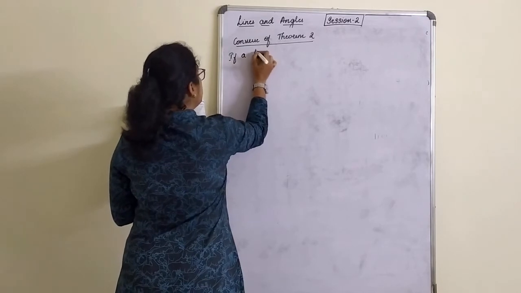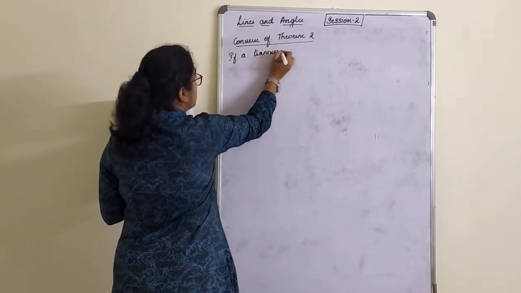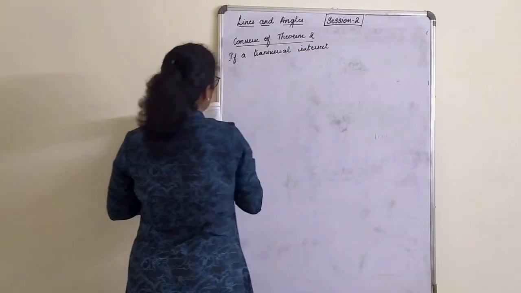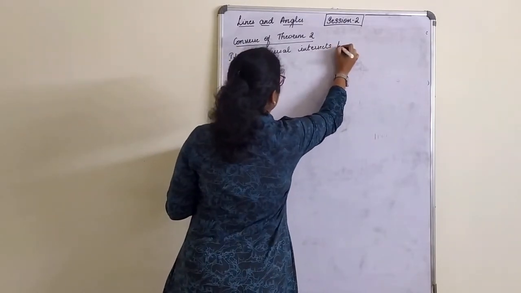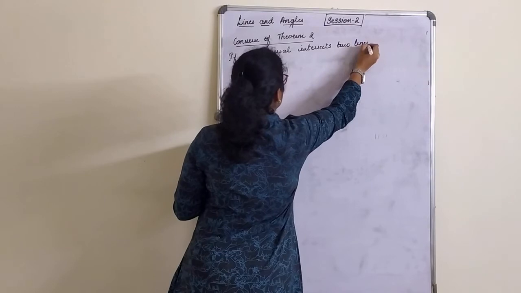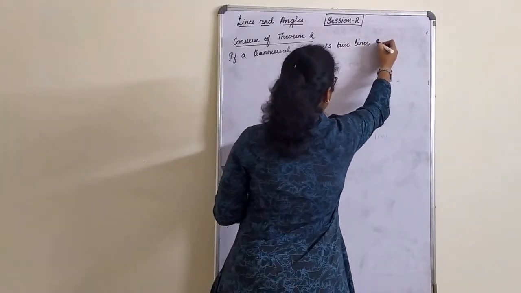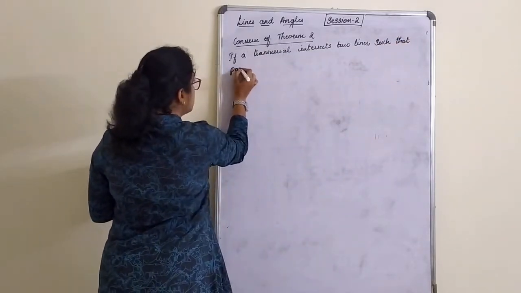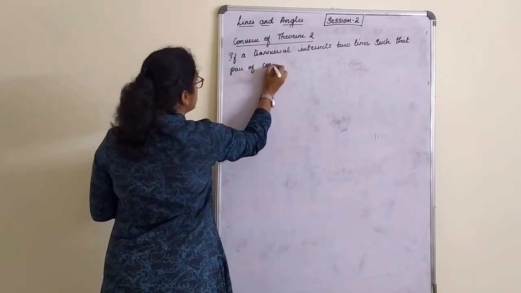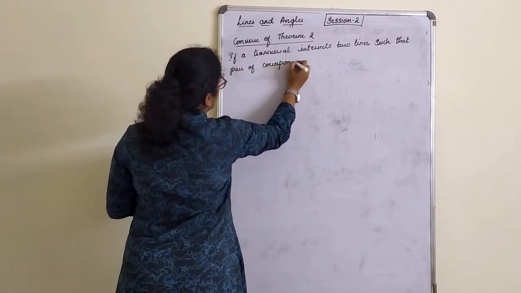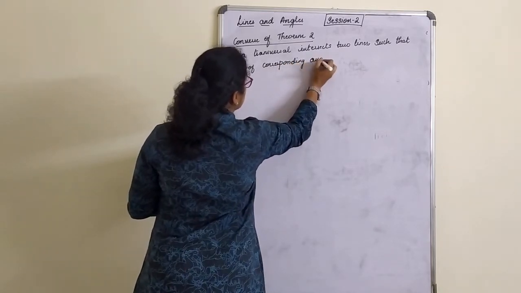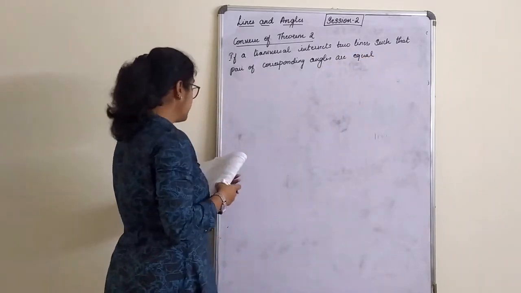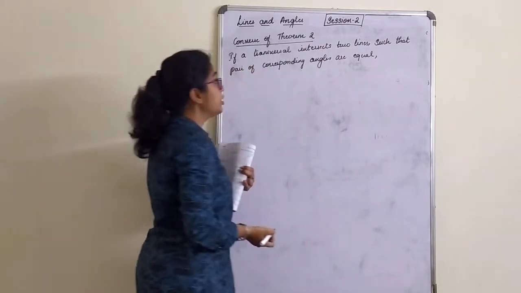if a transversal intersects two lines such that a pair of corresponding angles are equal.